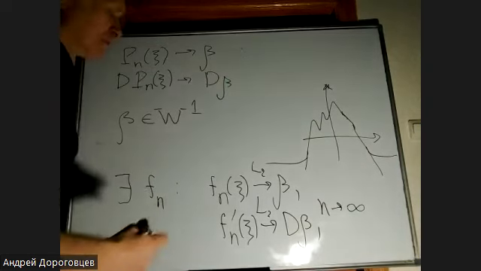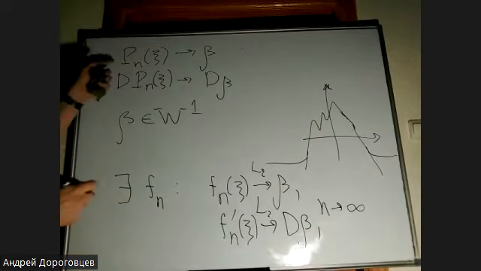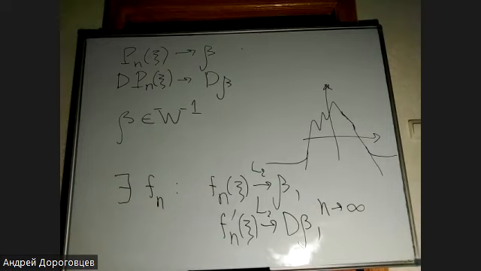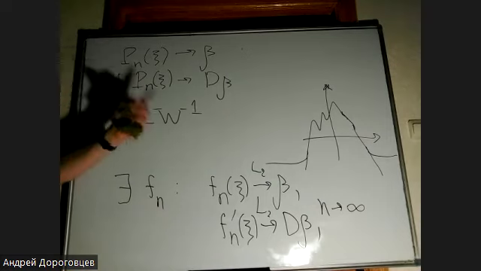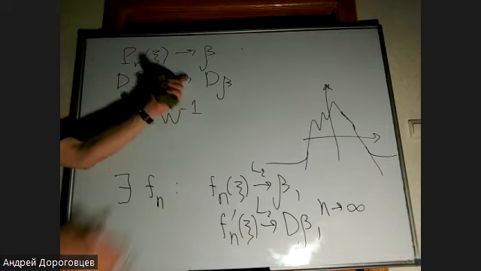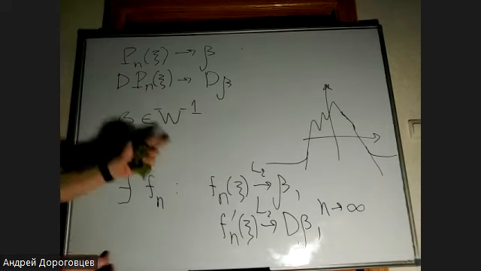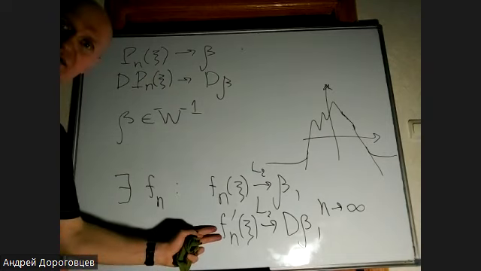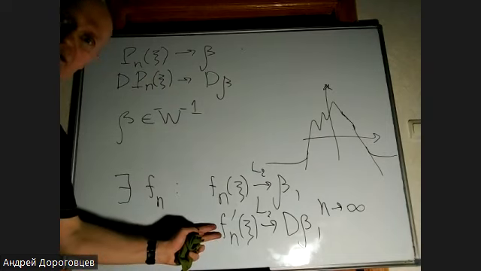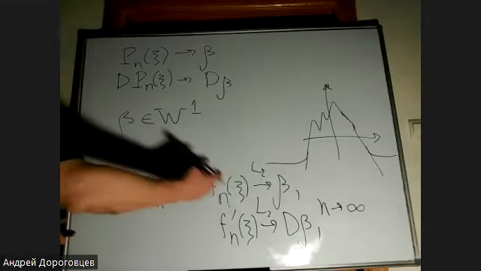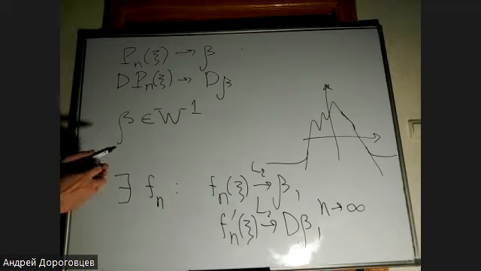Why? Because as these polynomials, I can take partial sums of the expansion of beta. Due to the definition of stochastic derivative, we'll have such convergence, but we can approximate every such polynomial by these functions. So finally, we can take such a sequence for any beta which belongs to W1.